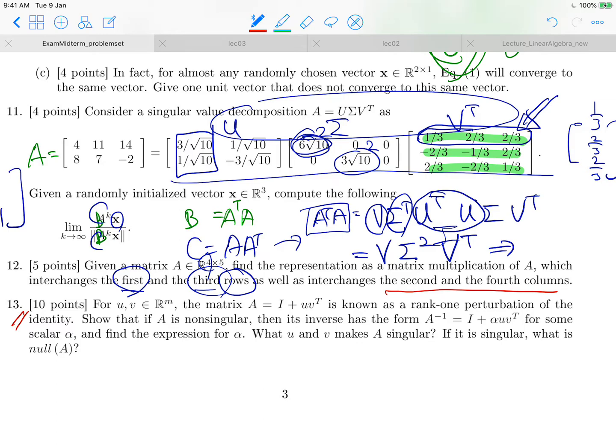Okay, so A is non-singular. If that is true, then its inverse has the form of this, right? We have to prove that, and furthermore, we have to find this alpha as well.